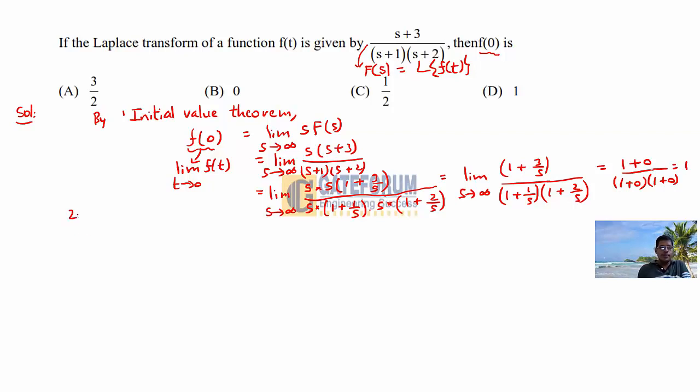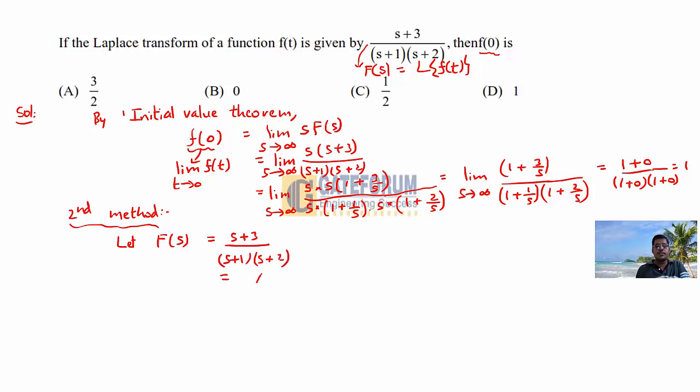So, second method. Let capital F of s be (s plus 3) divided by (s plus 1) into (s plus 2).